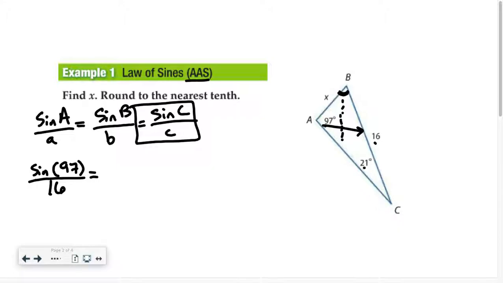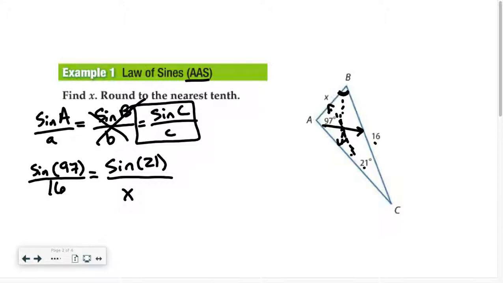We also don't have the side that's opposite it. So we're not going to use angle B or that side. Let's use angle C since we do have angle C. Sine of 21 degrees over the side that's opposite C, which is x, what we're looking for.